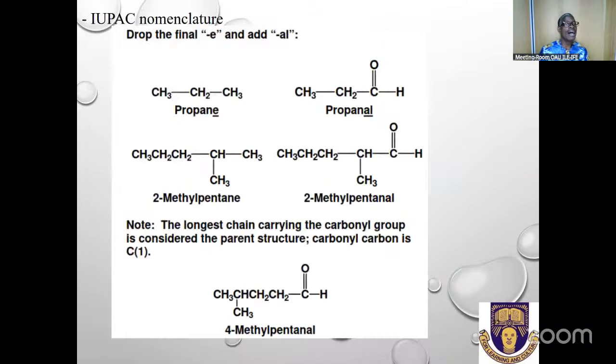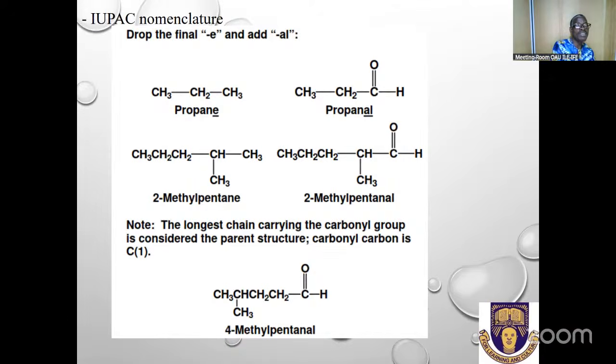Now, let's look at the IUPAC. There are two naming systems, the trivial one and the IUPAC one. Now, for the IUPAC nomenclature, you need to drop the final E of your alkane and add AL.